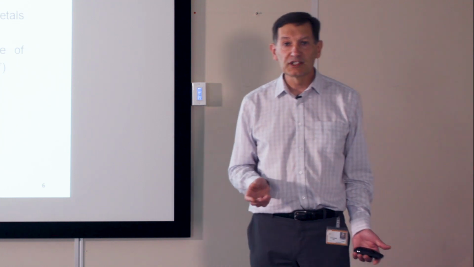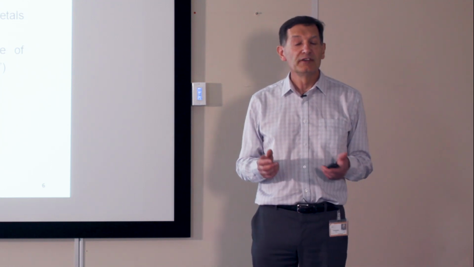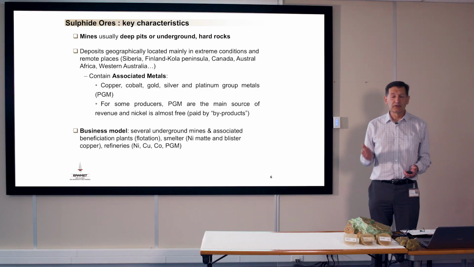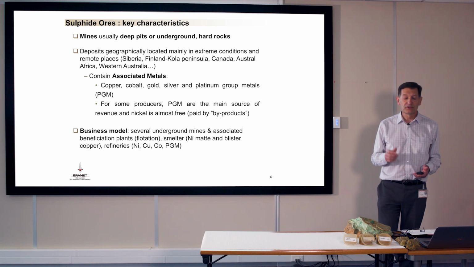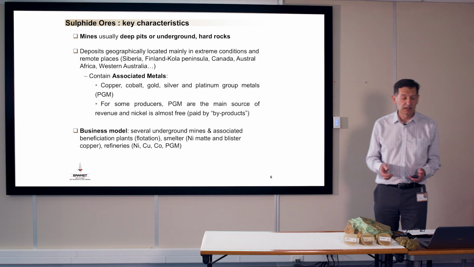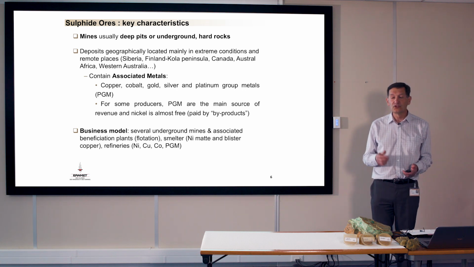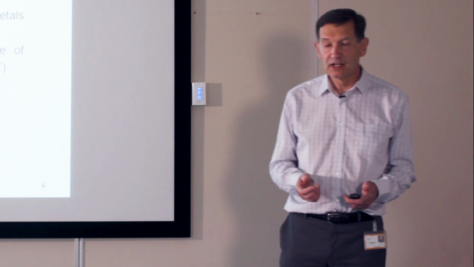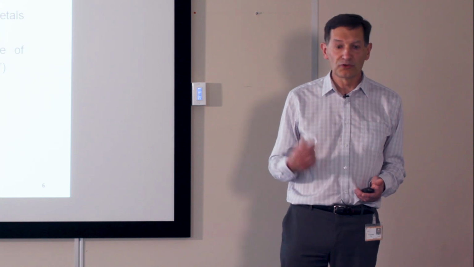The conclusion is that the business model of such ore is completely different from the lateritic ore, with several underground mines, an associated beneficiation plant to increase the nickel content of the ore, and a smelter to produce either nickel matte, nickel sulfide, or a blister copper for the copper part.